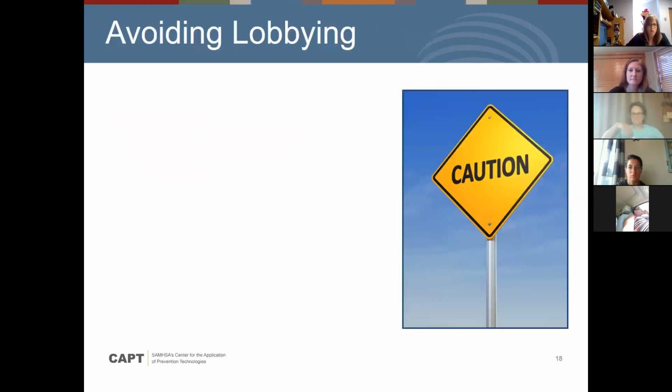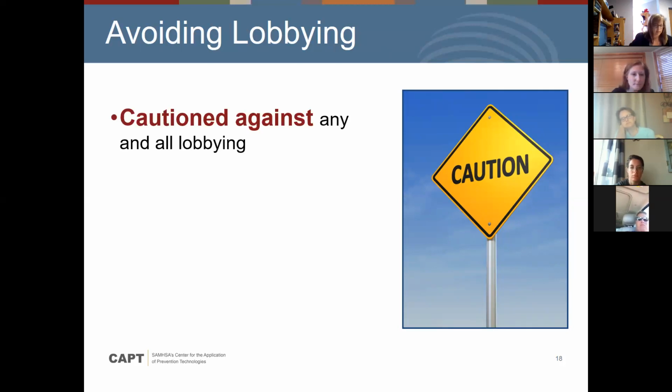According to US law, educational and non-profit organizations could risk losing our tax-exempt status if a substantial part of our work involves lobbying. So for this reason, it's best to avoid lobbying in your role as a prevention professional.